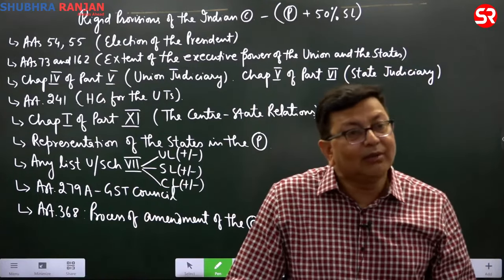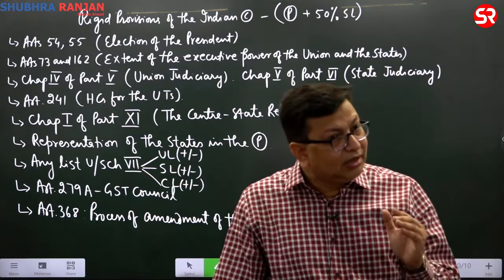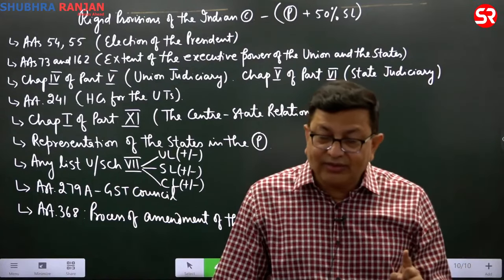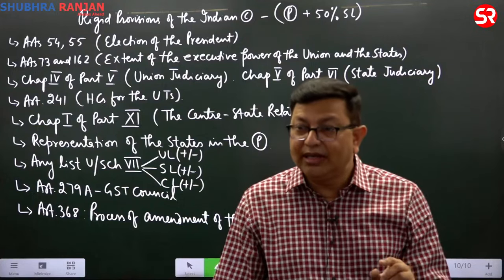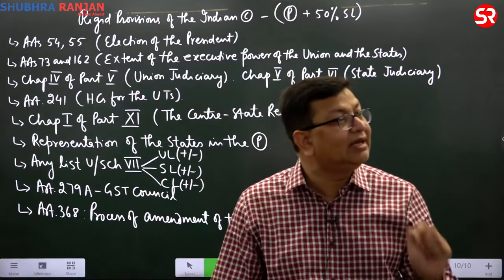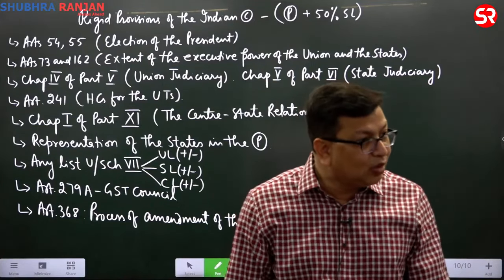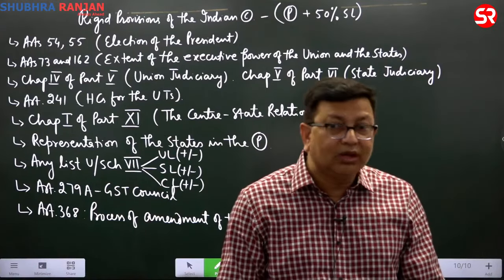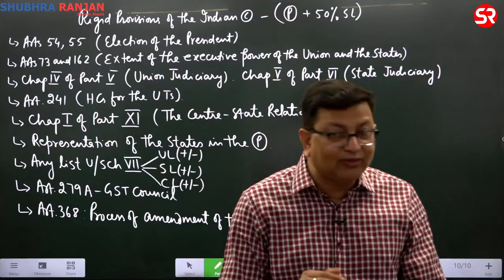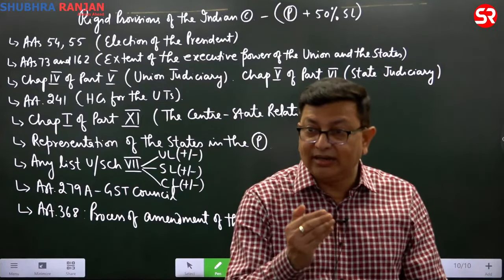For example, the Madras High Court has jurisdiction over Puducherry. The Kolkata High Court has jurisdiction over the Andaman and Nicobar Islands. The Kerala High Court has jurisdiction over Lakshadweep. The Punjab and Haryana High Court has jurisdiction over Chandigarh.